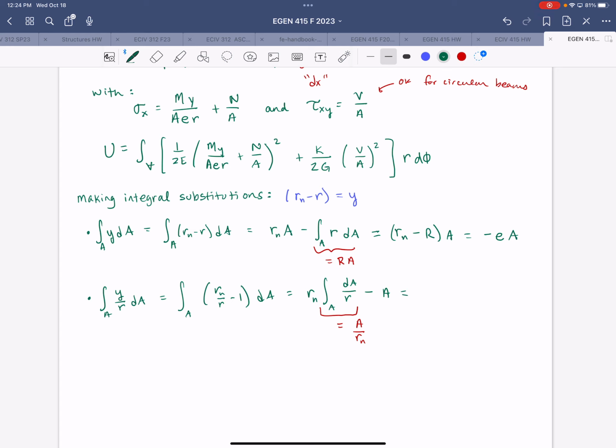So this term would become Rn times A over Rn minus A, which is 0. So that helps to simplify things a bit.